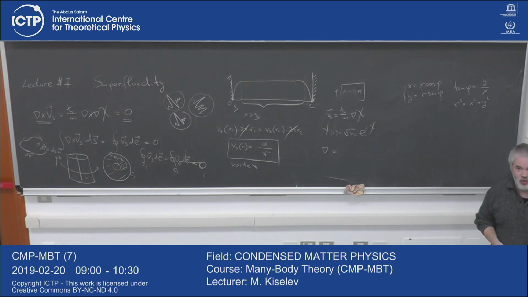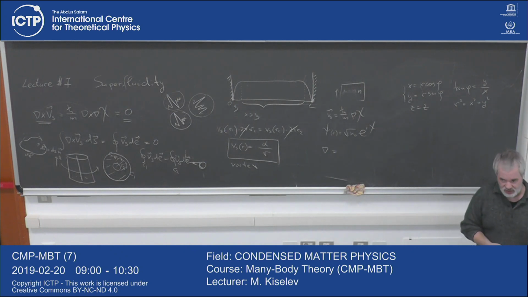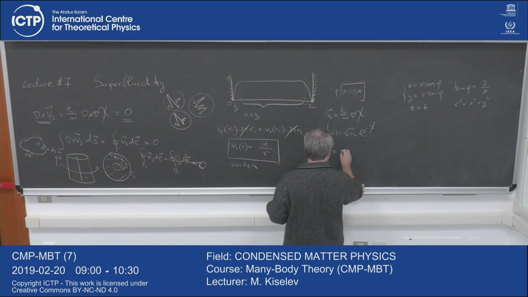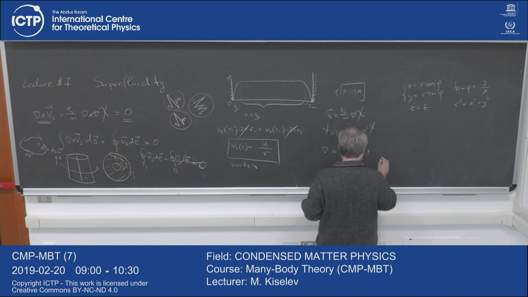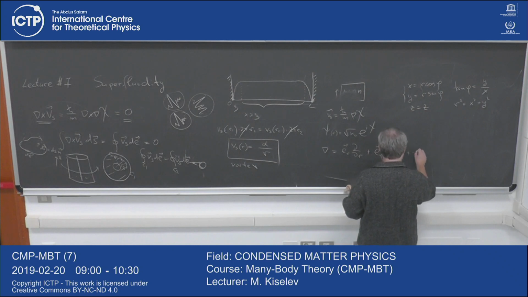Of course, we have a z component as well, but the z component is precisely like in Cartesian coordinate system. So the nabla operator is equal to, we should define the ort in the direction of r, so this is d over dr, plus the ort in the direction of phi, which is 1 over r d over d phi, and this is the ort in the direction of z, d over dz.